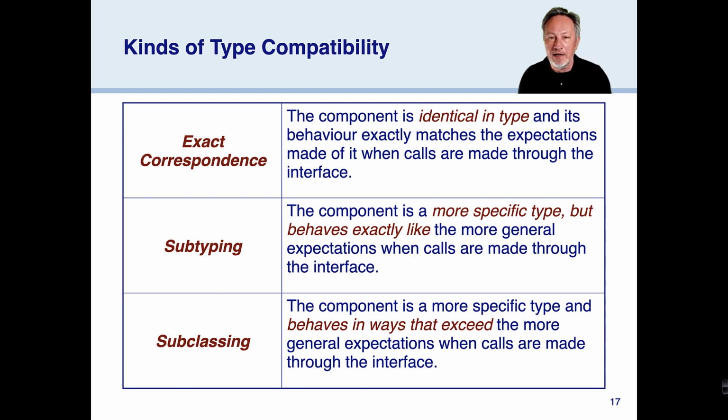With subclassing, I declare something to be of a particular type, which corresponds to a class, and then I'll have a subclass, which does everything that the superclass did, but more. So it somehow extends the type. So this is a different thing that's going on. And with subtyping and subclassing, there's something going on which we need to understand better.